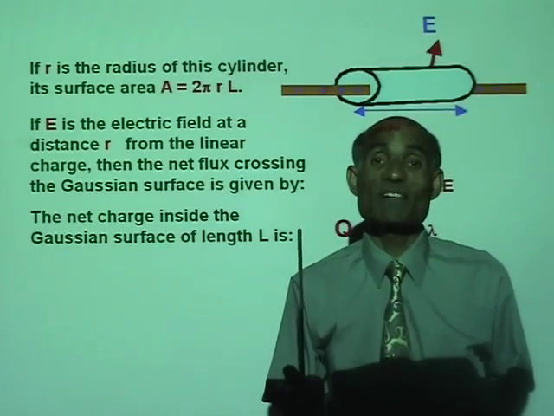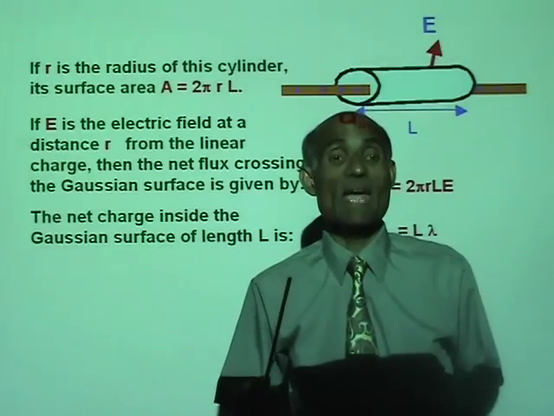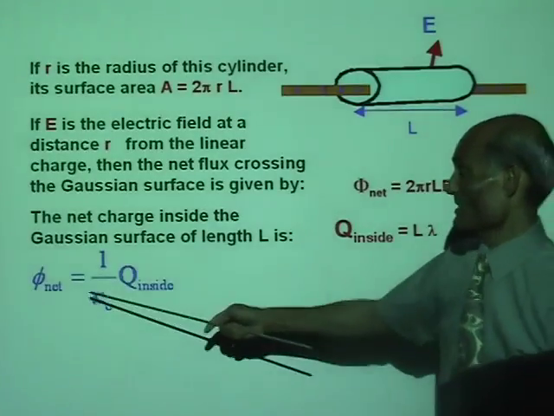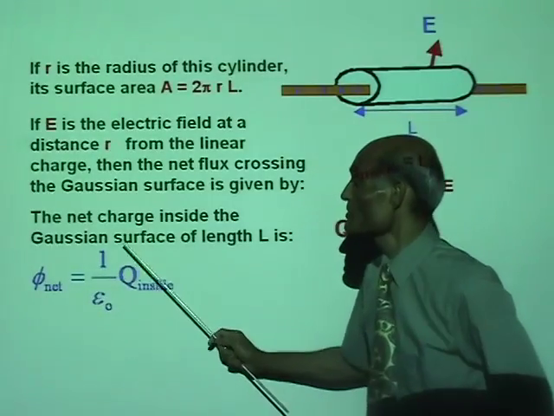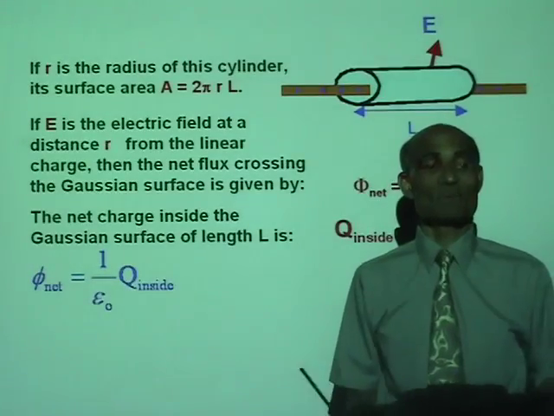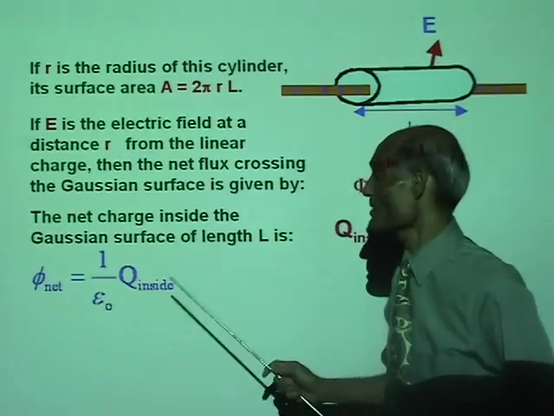Or if you want to state that in the form of K, it will be 4 pi K times Q inside. Alright? That is phi net equal to 1 over epsilon naught Q inside, which is the same as Q inside divided by epsilon naught.